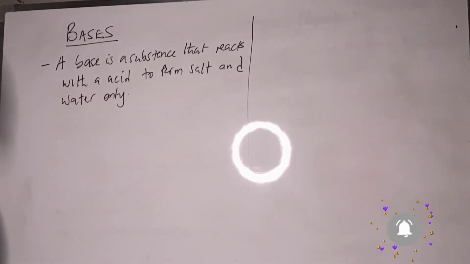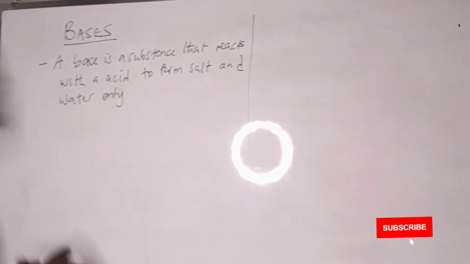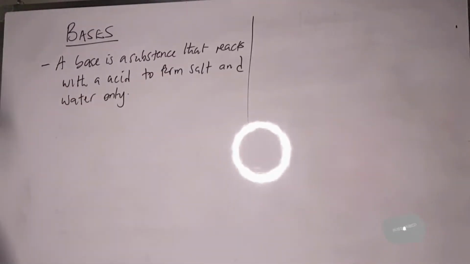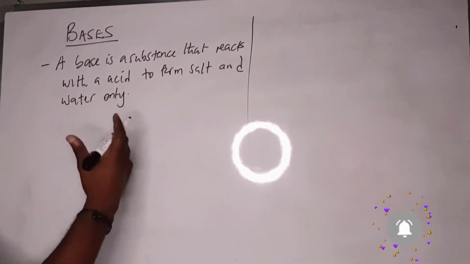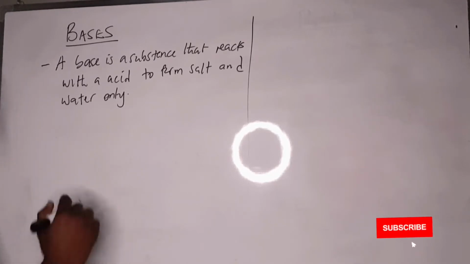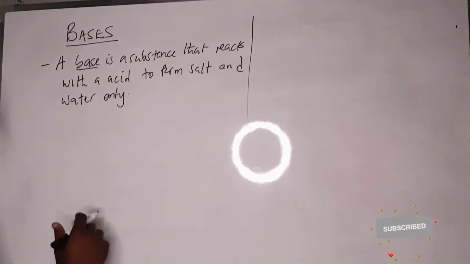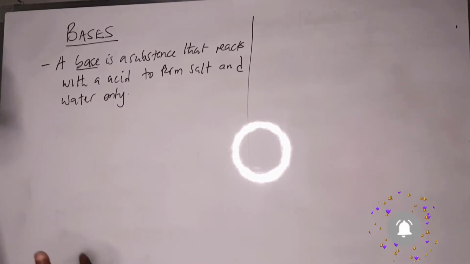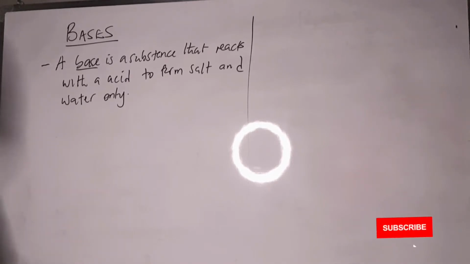An acid reacts with a base in order to form salt and water. So we are saying a base is a substance that reacts with an acid to form salt and water.